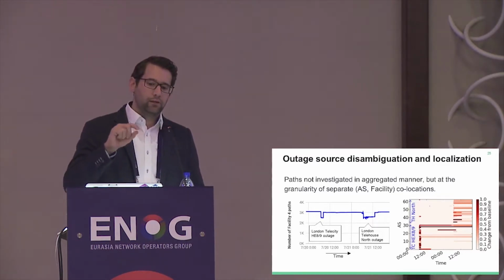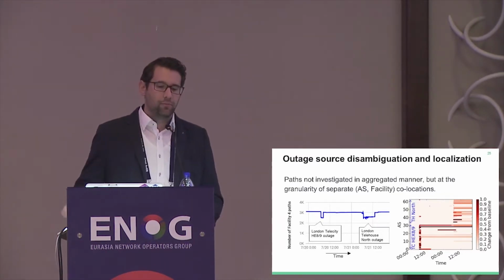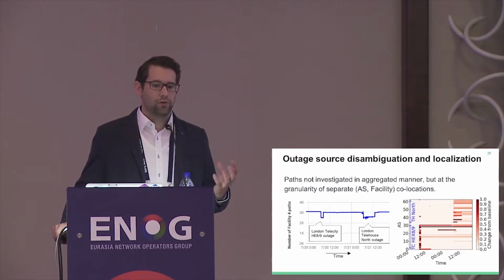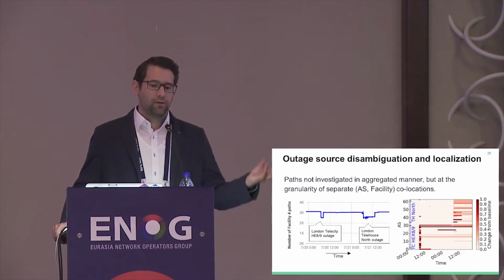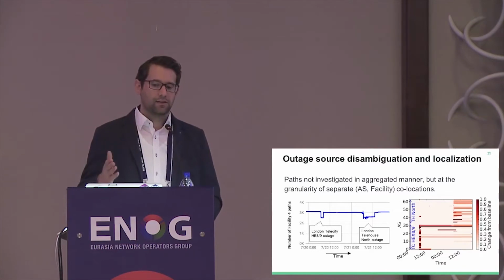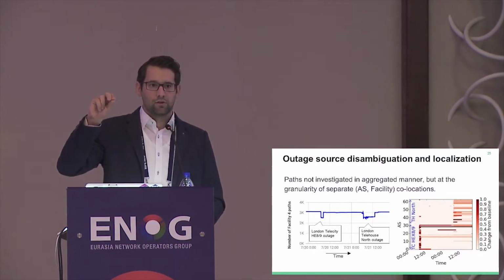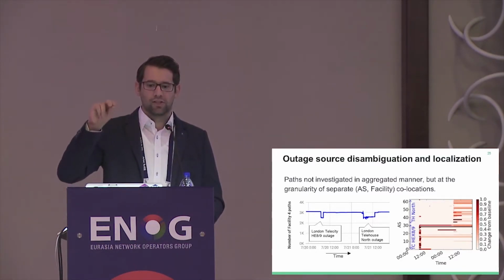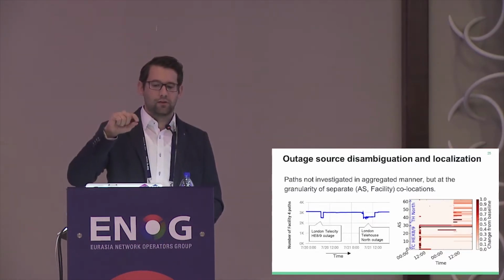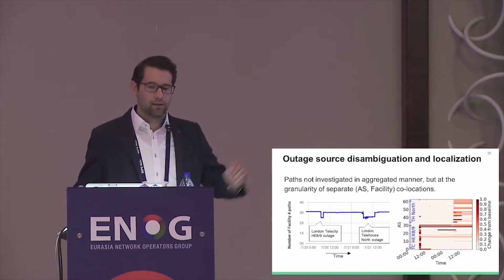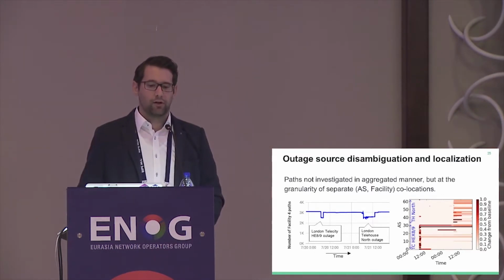If we look at the first plot, we don't see that those are different ones. On the right-hand side, we can see what's going on for each set of paths that we have. And we see that the really long lines indicate that they were affected by both outages at the same time.